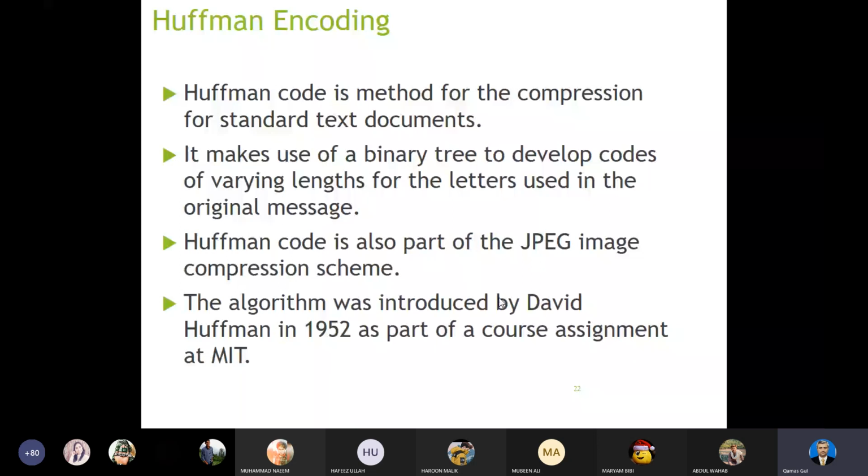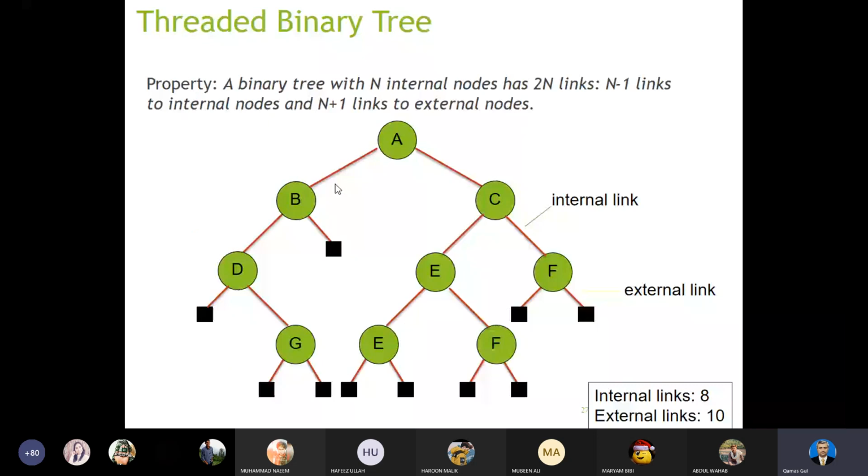Now here you have this diagram, and in this diagram, the nodes shown in green color are the actual nodes, and they are called the internal nodes. And the nodes represented with these black squares are called the external nodes. You already know this.